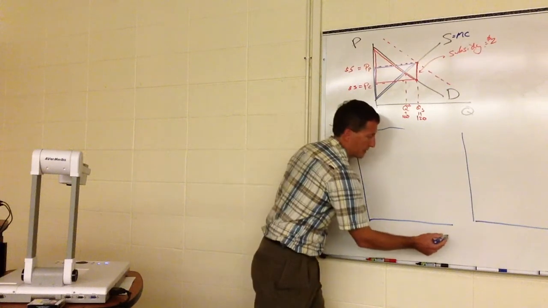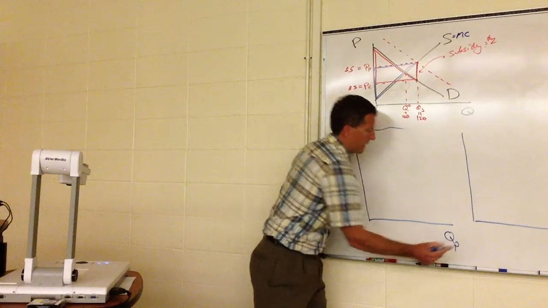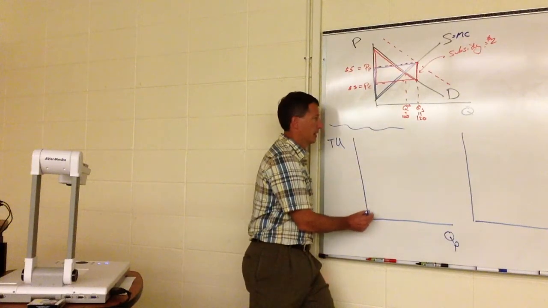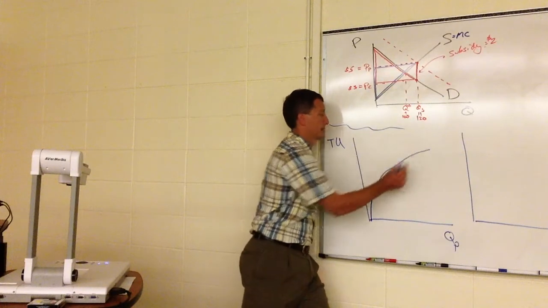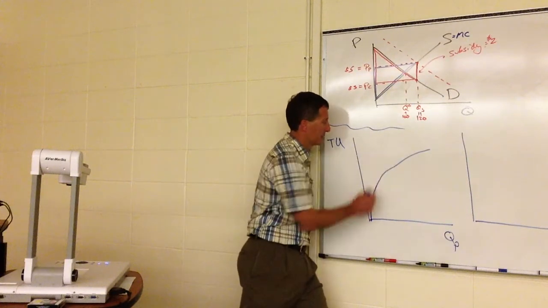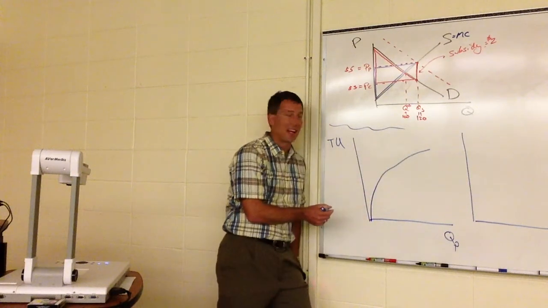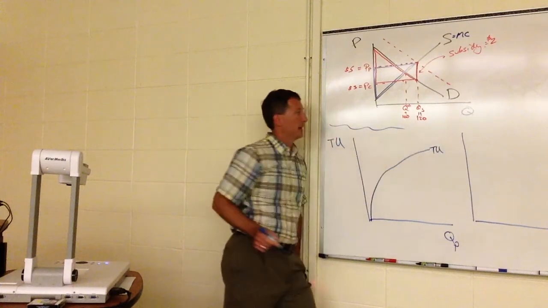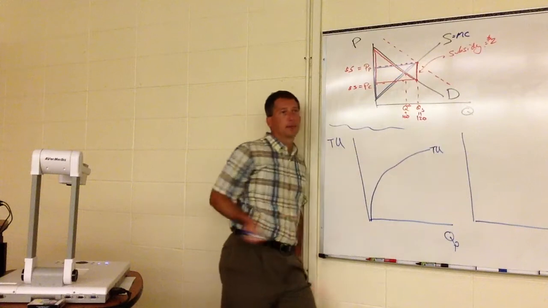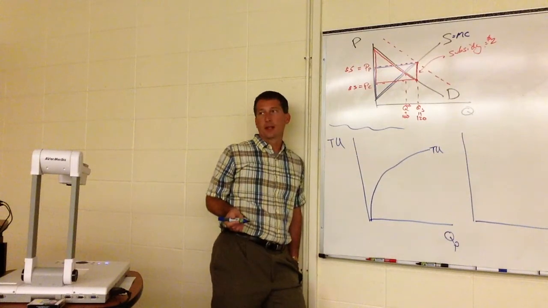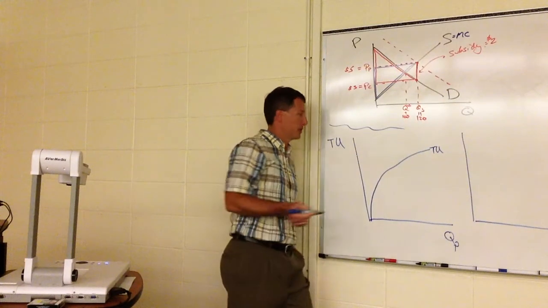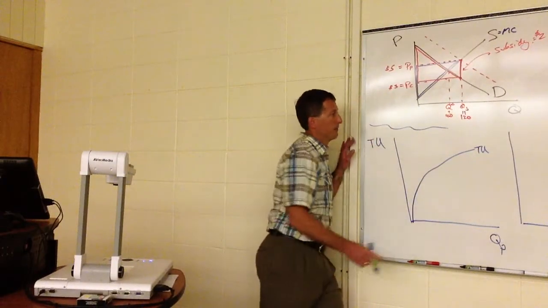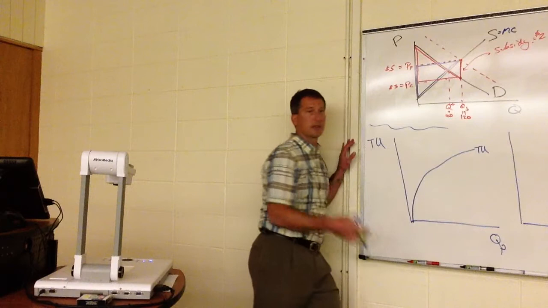Let's go with pizza. That utility function would look something like this, kind of a little cave looking thing. So why does it have that shape? What law? Diminishing returns, diminishing utility. So as I eat more and more pizza, the value that I get from each additional pizza diminishes.